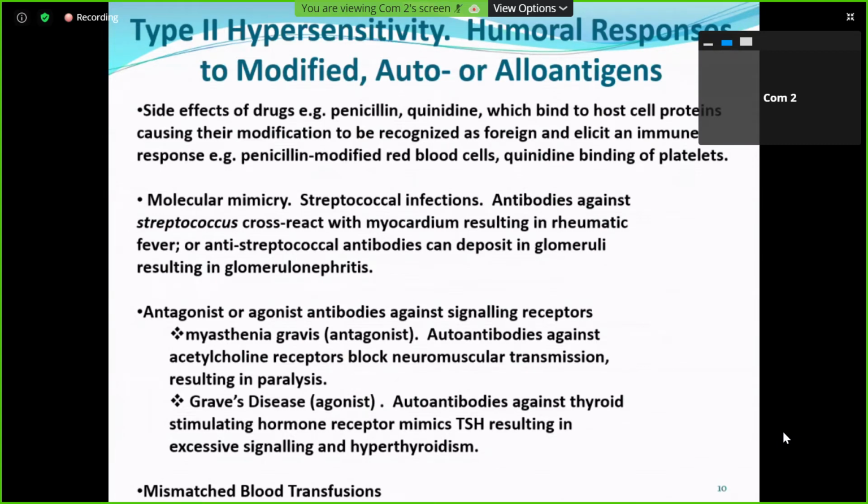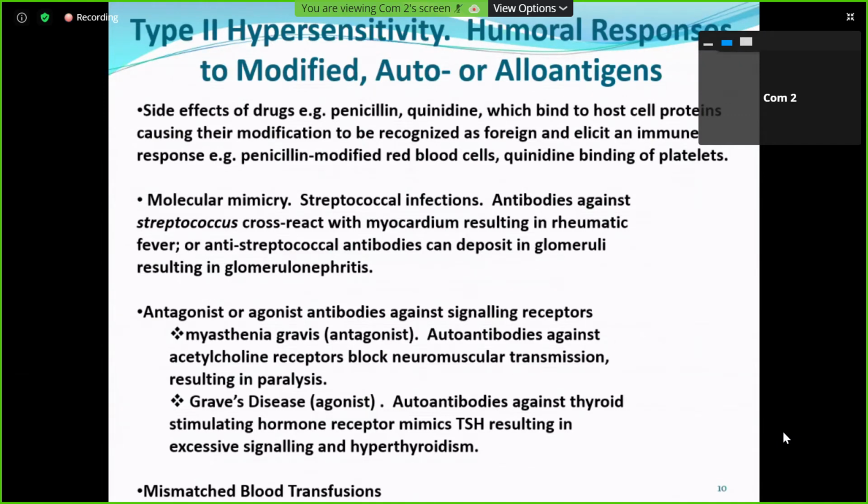Another form of hypersensitivity occurs with people who develop allergic reactions to penicillin. Penicillin is very complex because it can cause type 1, 2, 3, and 4 hypersensitivity.